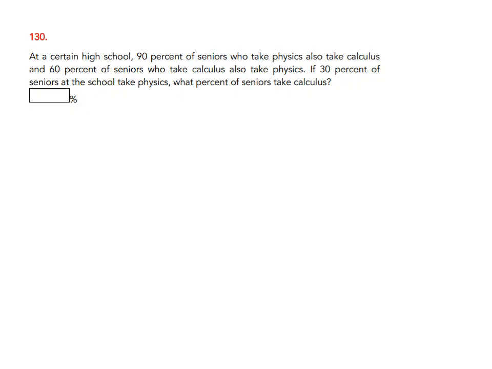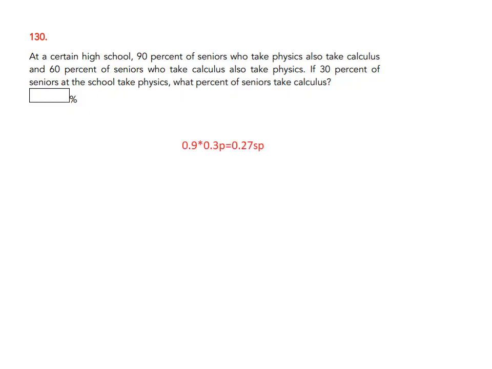So you can set 90% of seniors who take physics also take calculus equal to 60% of seniors who take calculus also take physics. Or else you can multiply 90% of seniors who take physics and 30% of seniors at the school who take physics. Okay, let's do it.